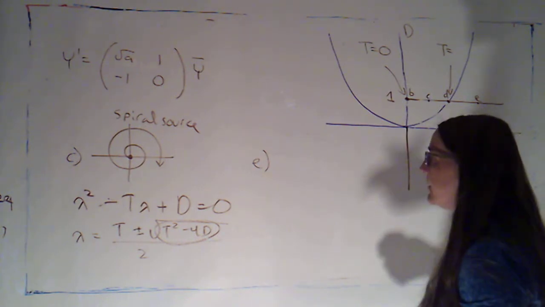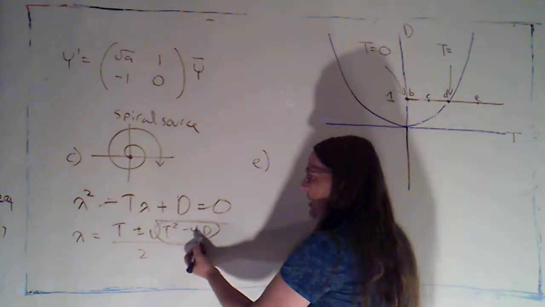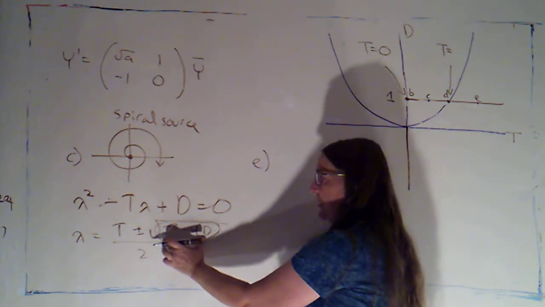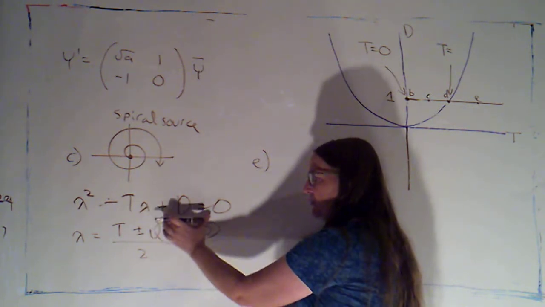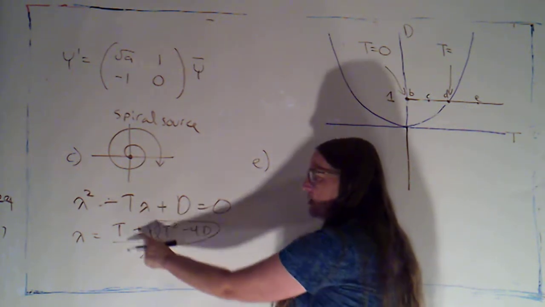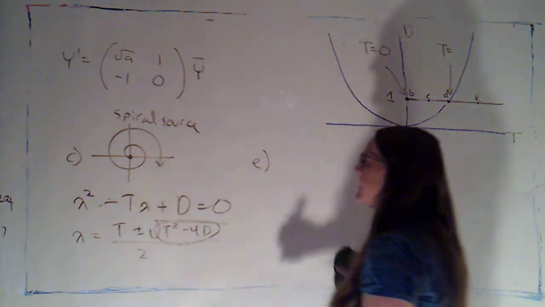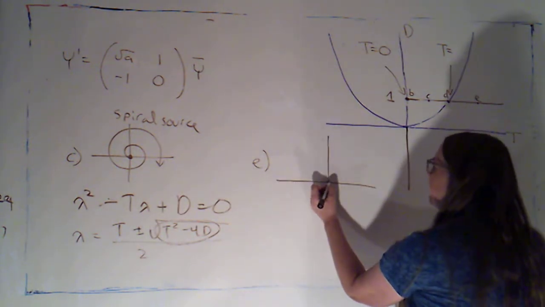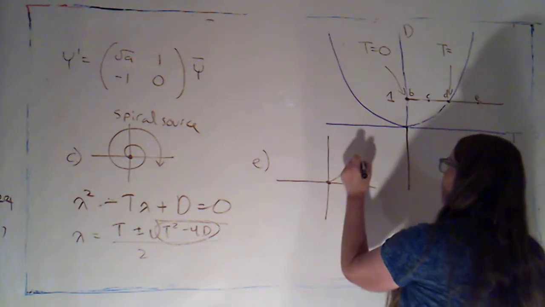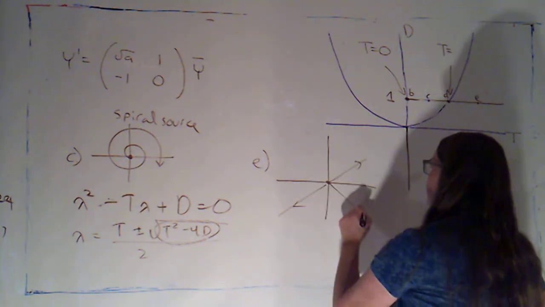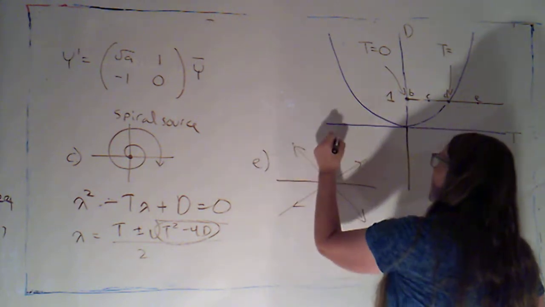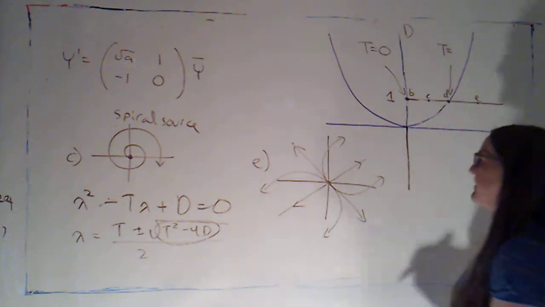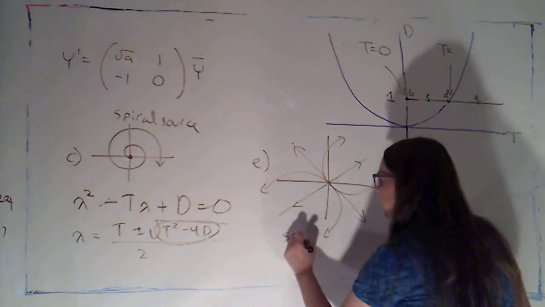Because t squared minus 4d is going to be smaller than t squared, so this square root will be smaller than t, so whether I add or subtract it, I still have something positive. So at E, I'm going to have 2 positive eigenvalues, so I'll have 2 straight line solutions that are going away, and one of them will dominate as we go off towards infinity. So I would just have a plain old regular source.